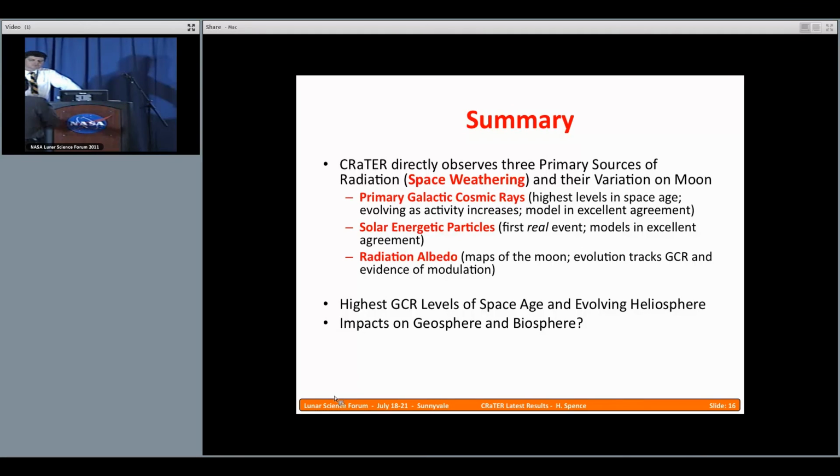Trend in the neutron data. So in a parallel session, Lend also sees this activity as the solar activity increases. The Lend neutron flux decreases from the moon. Yeah, thank you. That's a very good point.